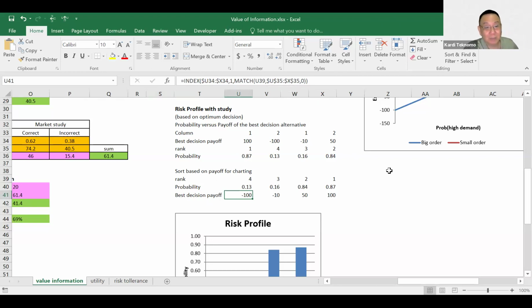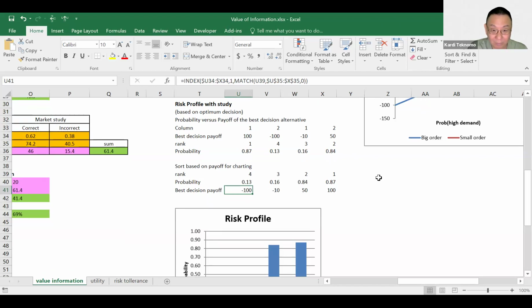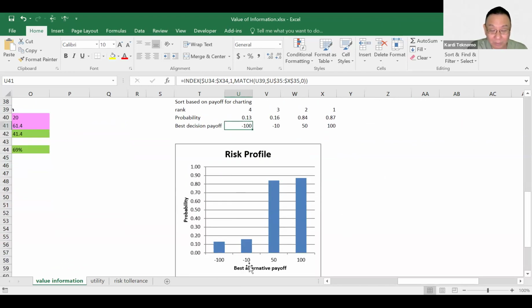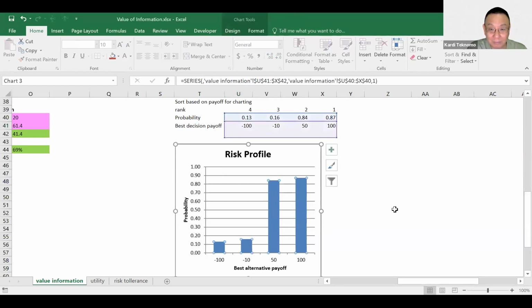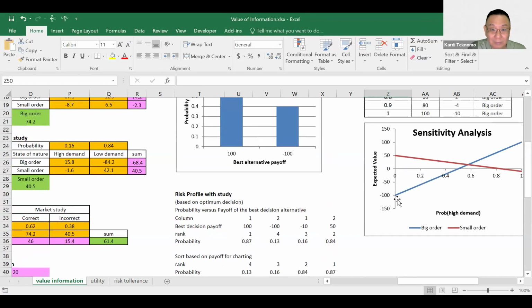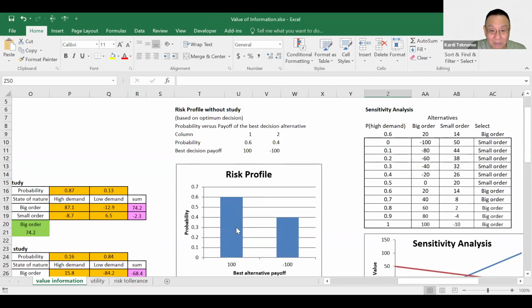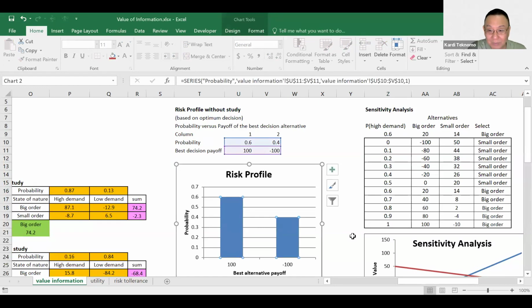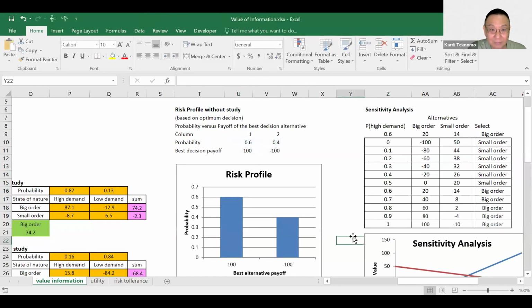Match and index represent the arc marks in this case. Yeah. From there you can get the risk profile. Okay. Same thing here without study. This is the risk profile one.